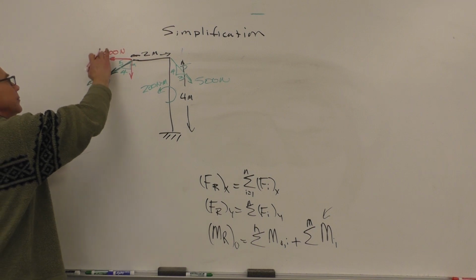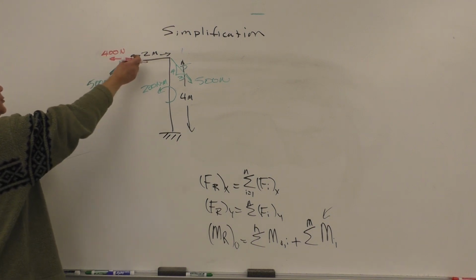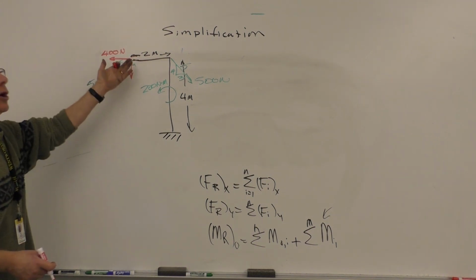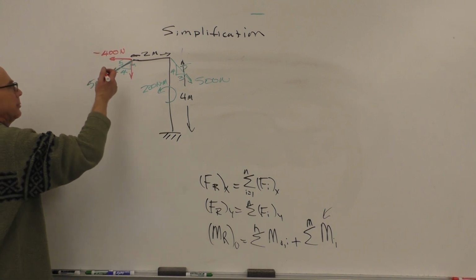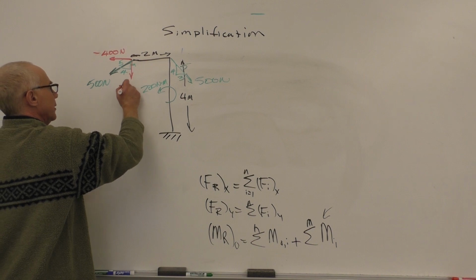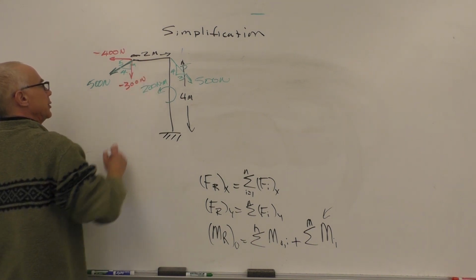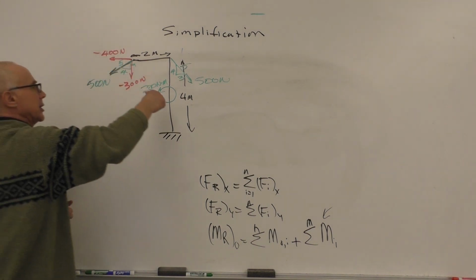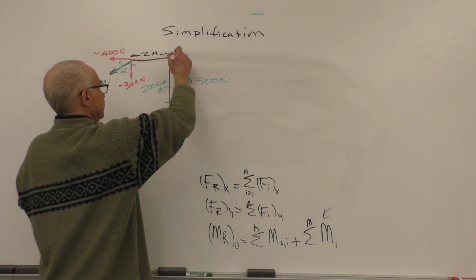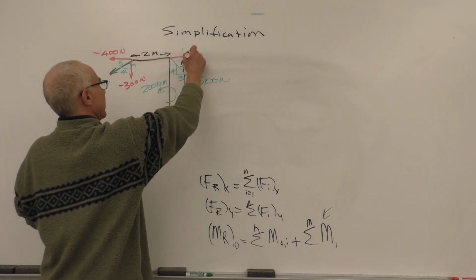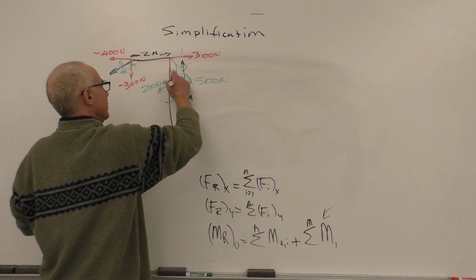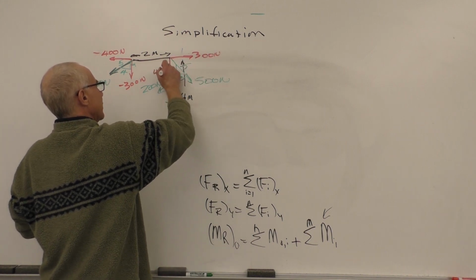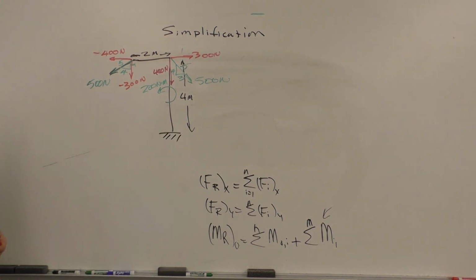You could just write 400 Newtons, and because you drew it in that direction, you know it's a negative value. Other cases, people like to put a negative value. I typically do put a negative value in those. But here we have negative 300 Newtons in the y direction. And over here, we have an x component of this vector, 300 Newtons. We have 400 Newtons down in that direction.